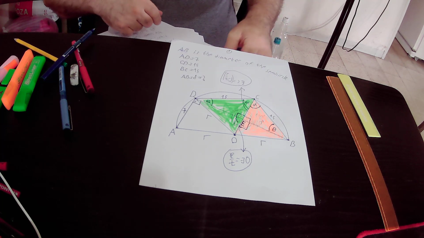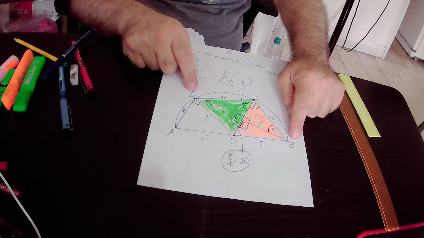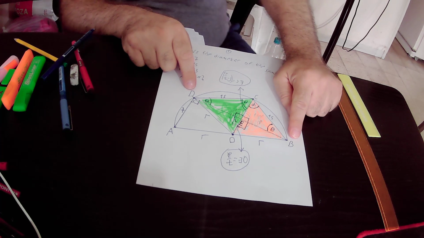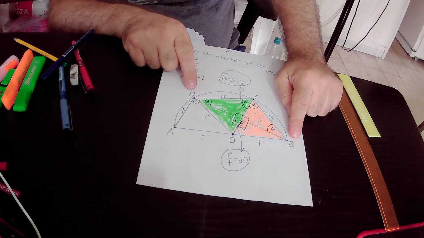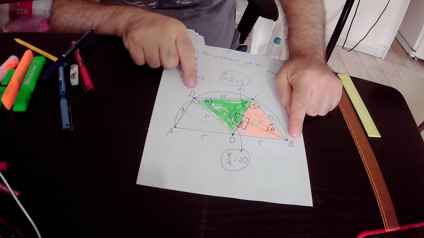Okay, and we know that DB is a straight line because we constructed DB, we connected points D and B by a straight line.